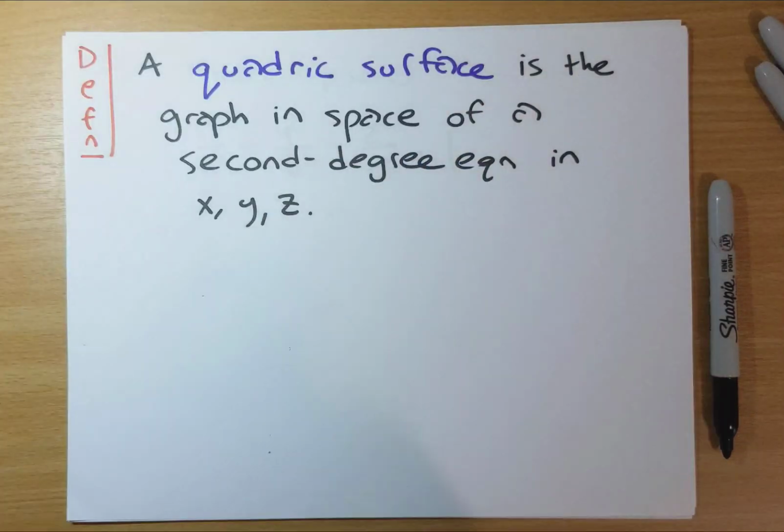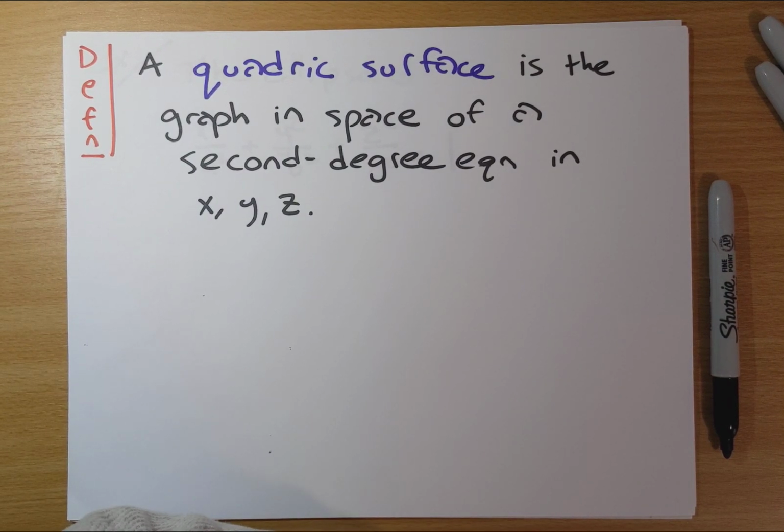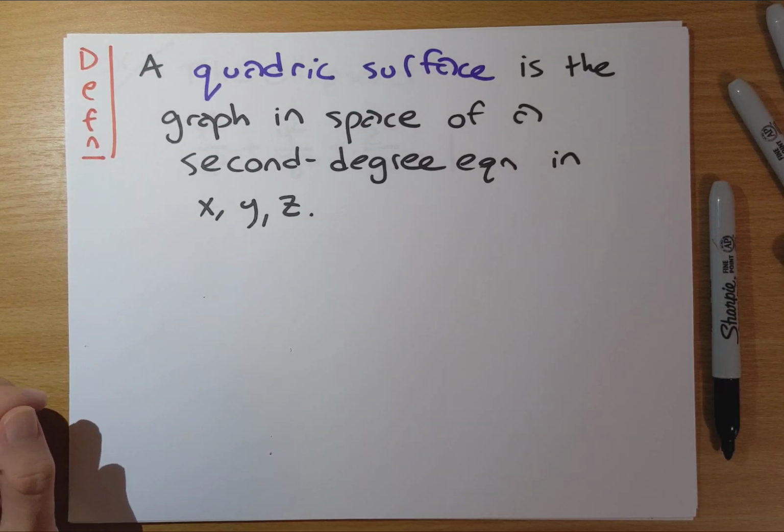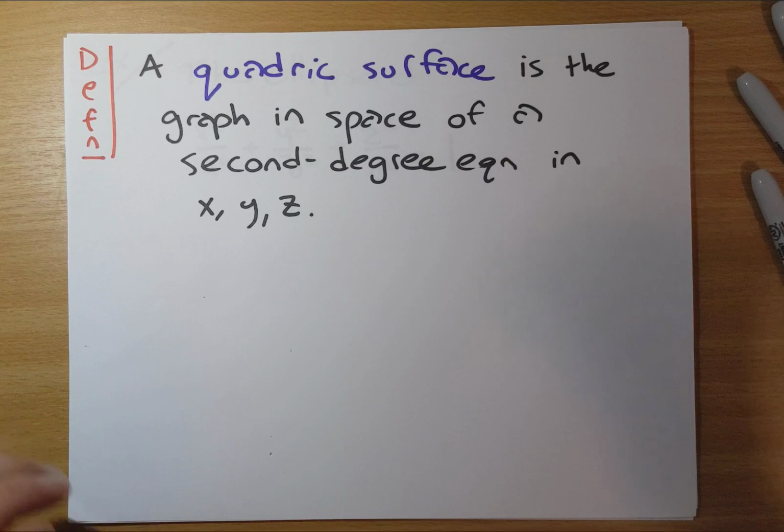More generally, we have quadric surfaces. A quadric surface is the graph in space, in R3, of a second degree equation in x, y, and z. We're going to spend the rest of these videos talking about more general quadric surfaces in terms of equations.